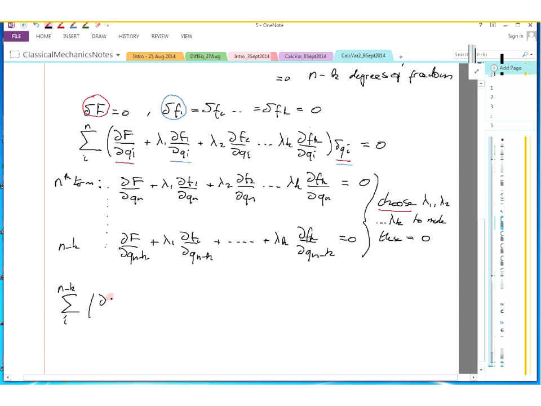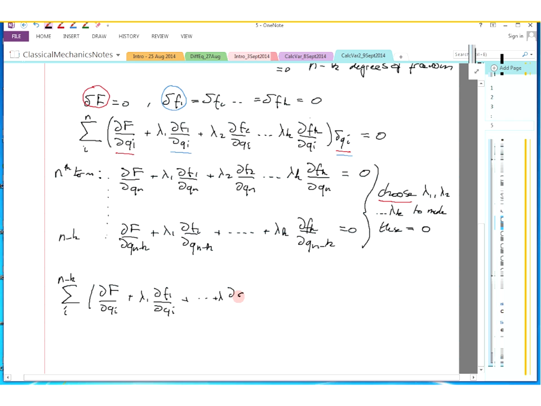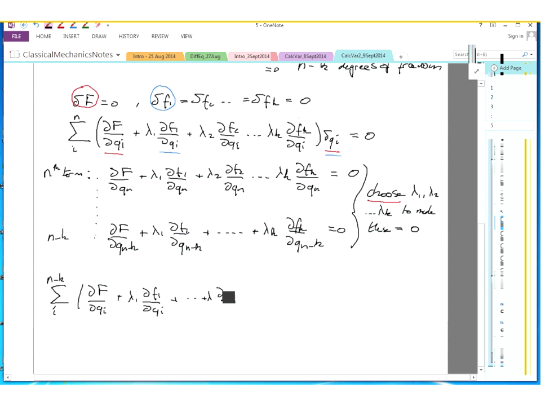So for these first n minus k terms, you have ∂f/∂q_i plus lambda 1 ∂f1/∂q_i, etc., plus lambda k ∂fk/∂q_i, that whole thing times delta q_i equals 0.